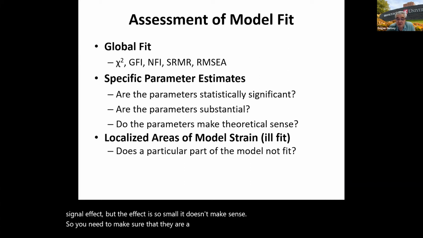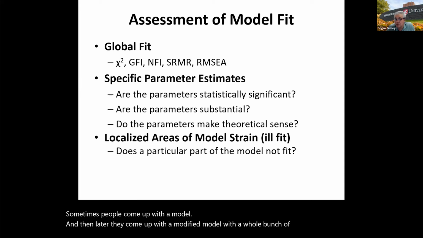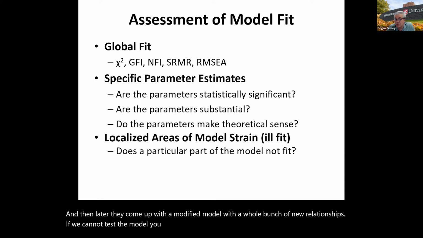And then another criteria you need to use is, do the relationships make sense? And remember, this is model development. So relationships need to make sense. Sometimes people come up with a model, and then later they come up with a modified model with a whole bunch of new relationships. If you cannot test the model you develop based on theory, then there is something wrong.